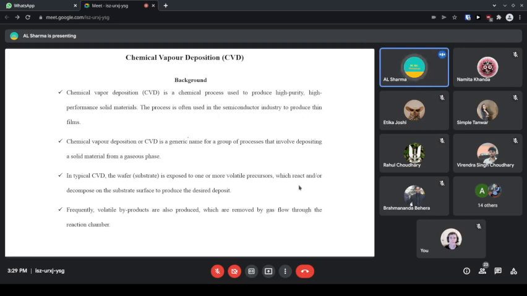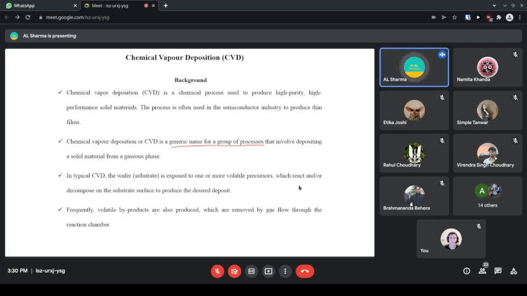CVD is a generic name for a group of processes that involve depositing a solid material from the gaseous phase. In typical CVD, the vapor is exposed to one or more volatile precursors which react and decompose on the substrate surface to produce the desired deposit.